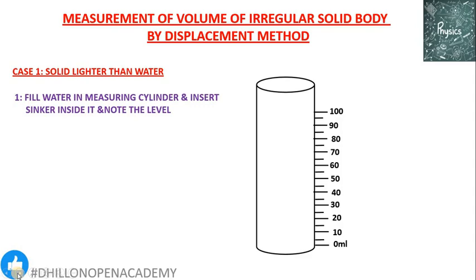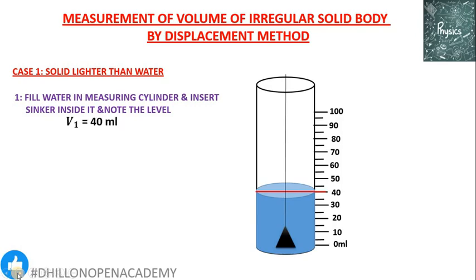So we fill the water inside the cylinder and insert the sinker inside it, and we note down the volume level. In this case it is 40 ml. So in this case, with the sinker inside the liquid, the level of the water inside the measuring cylinder is 40 ml.